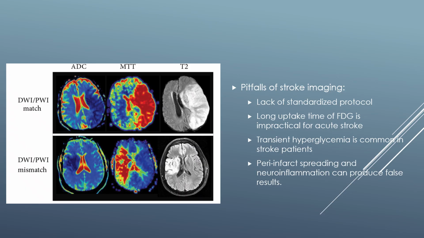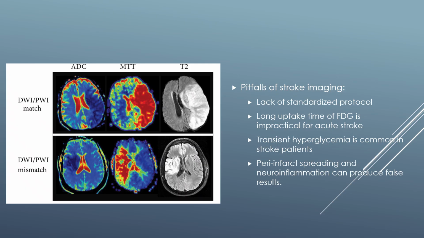But with FDG, the patient who's suspected as having an acute stroke would have to sit for 30 minutes in a quiet, dimly lit room, then be injected, then sit for another 60, and then be scanned for 20 if you're doing 2D imaging.